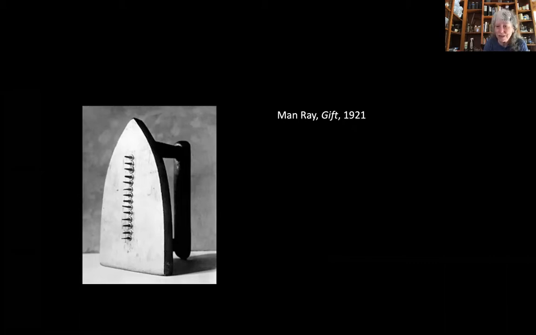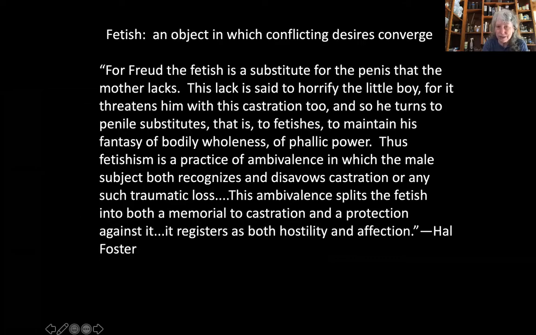I can imagine some women actually kind of liking this because they're tired of ironing their husbands' shirts. And they're like, yeah, I'm going to rip his shirts to shreds. It would serve him right. So it's kind of like a lot of surrealist objects, it's a sort of wish fulfillment while also looking kind of dangerous or unpleasant.